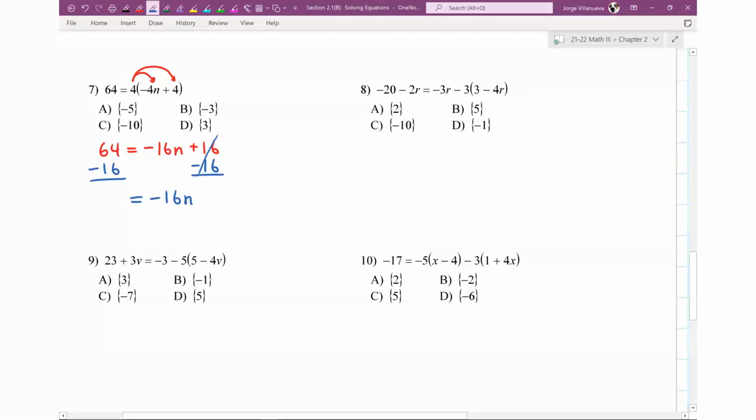Anybody help me with that? 48, right? So last step is to divide by what? By negative 16, right? So negative 16, good. So my answer is going to be negative 3 equals n.